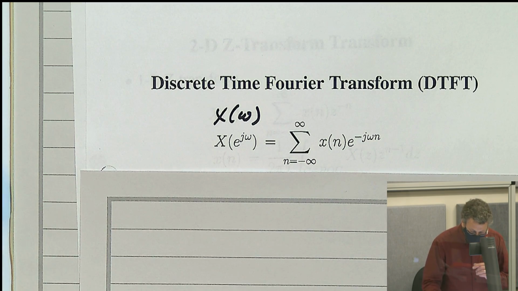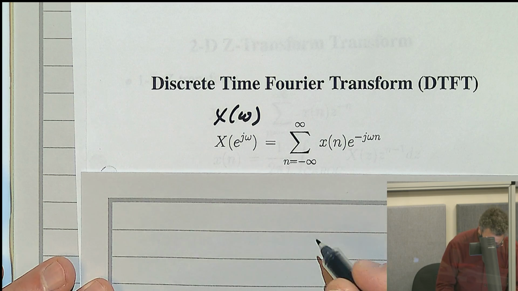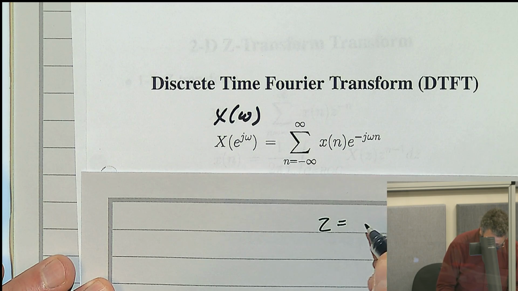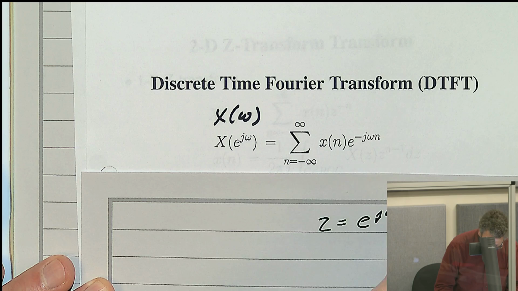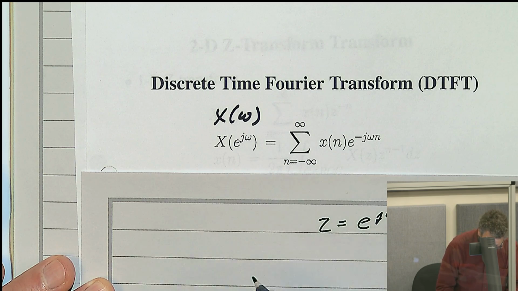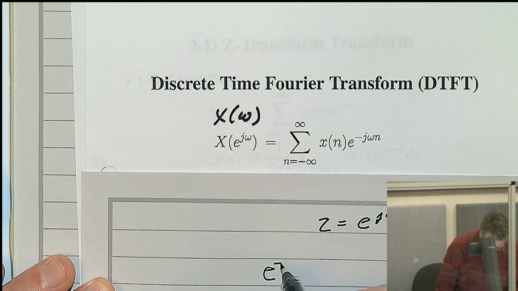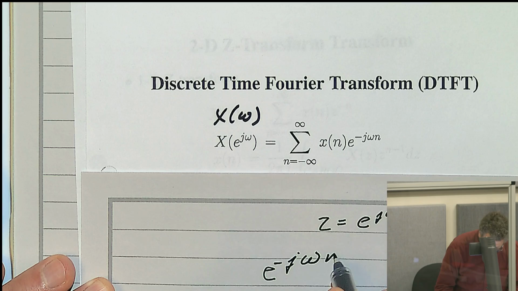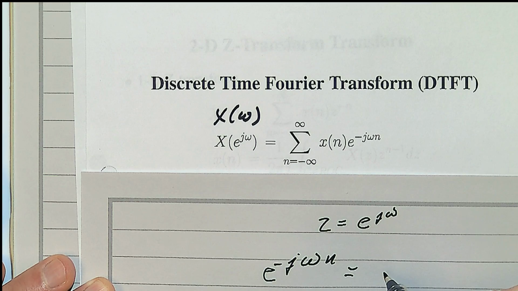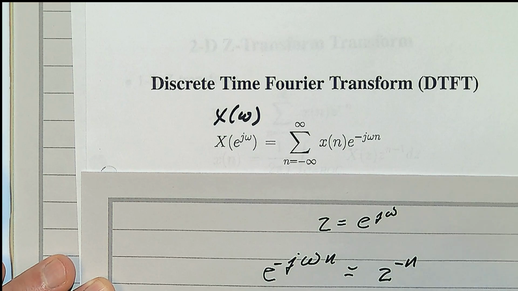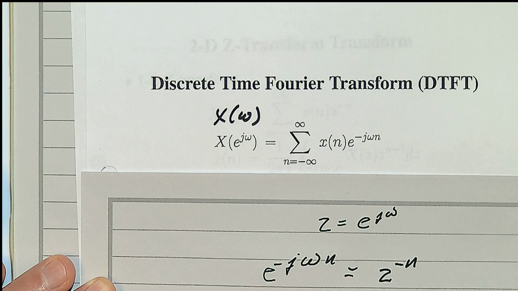So if you take z equal to e to the j omega, then e to the minus j omega n is just equal to z to the minus n, right?